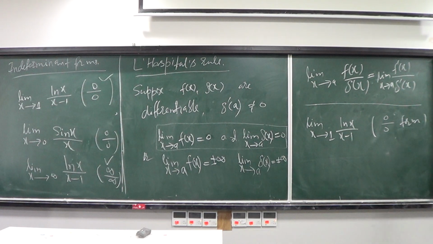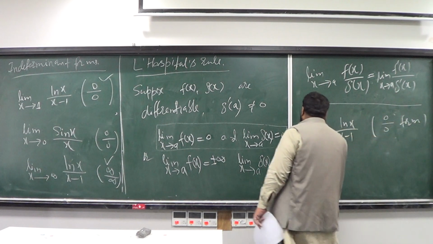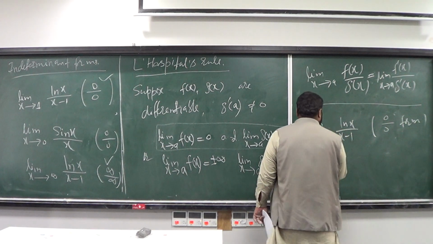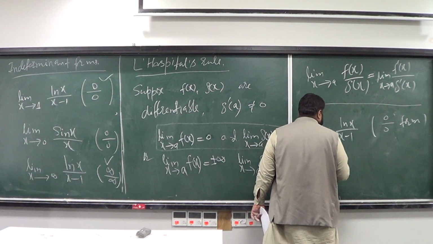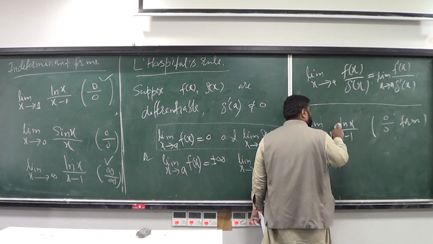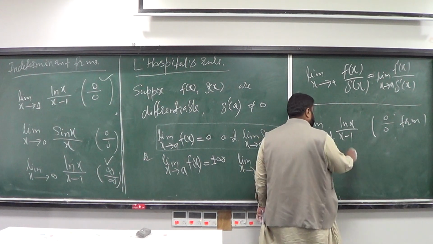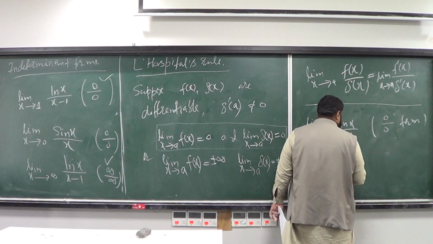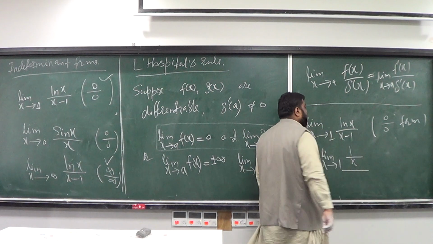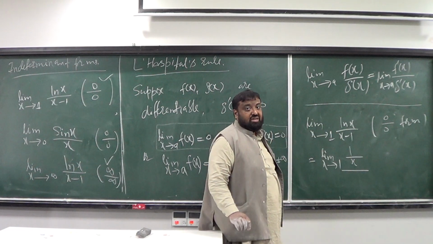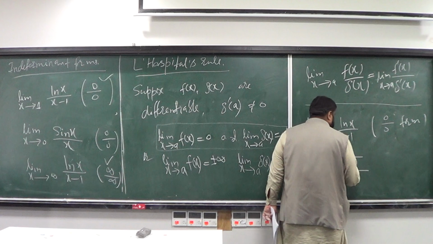So L'Hopital's rule says that this limit is the same as what you get when you differentiate the numerator and the denominator. What would be the derivative of log x? It's going to be 1 over x, divided by the derivative of x minus 1, which is 1 minus 0.